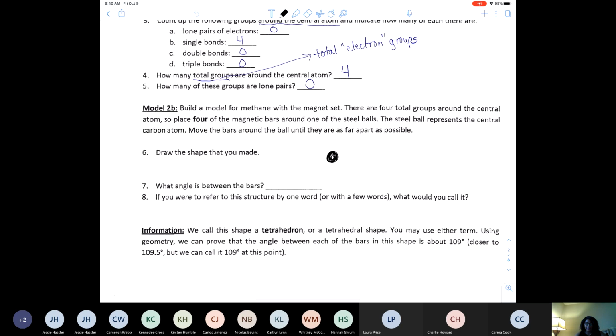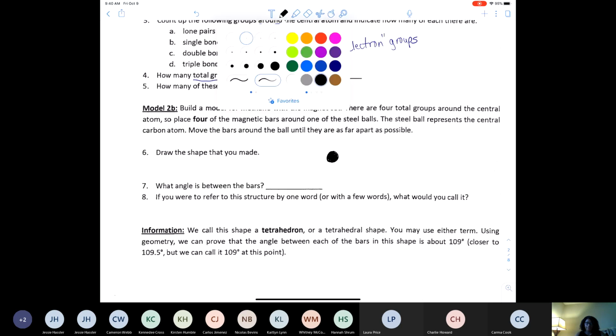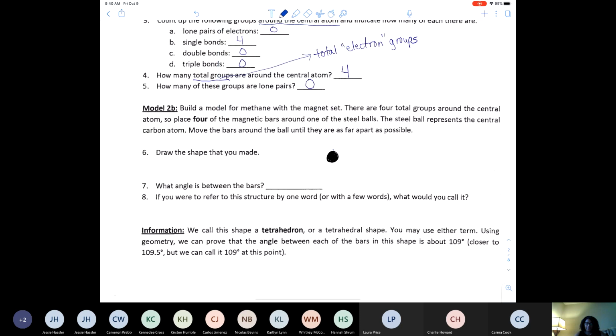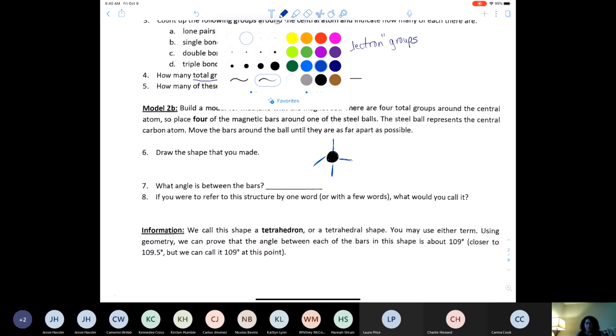So I'll put a sphere in the center for my carbon atom. Then I put my 4 sticks. And I'll choose another color for my 4 hydrogen atoms.